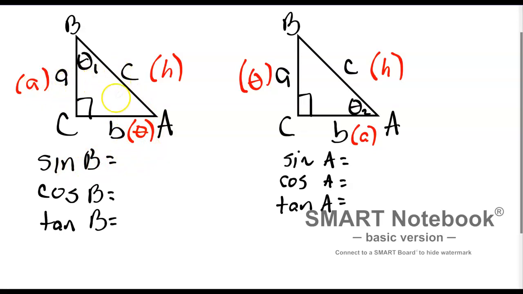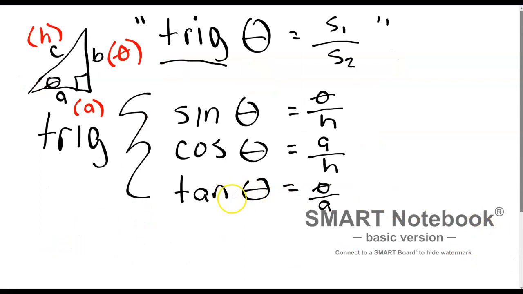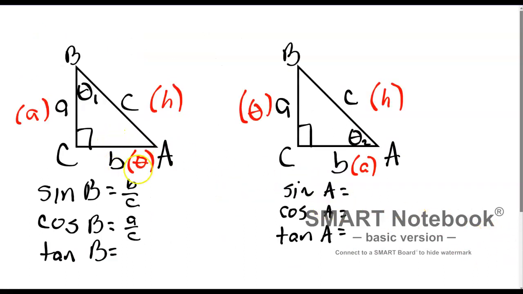So B over C. Cosine is adjacent over hypotenuse, so it's A over C. And tangent is opposite over adjacent, so it's B over A.